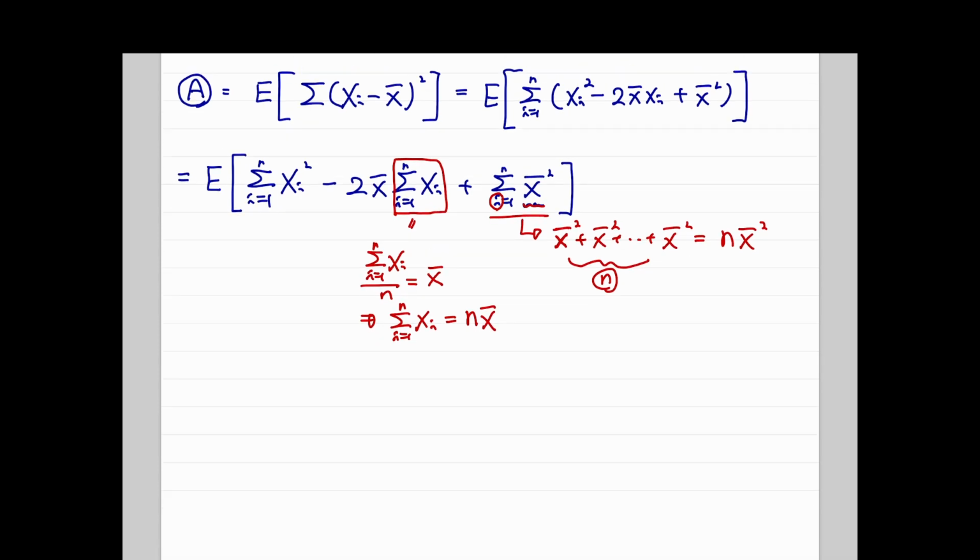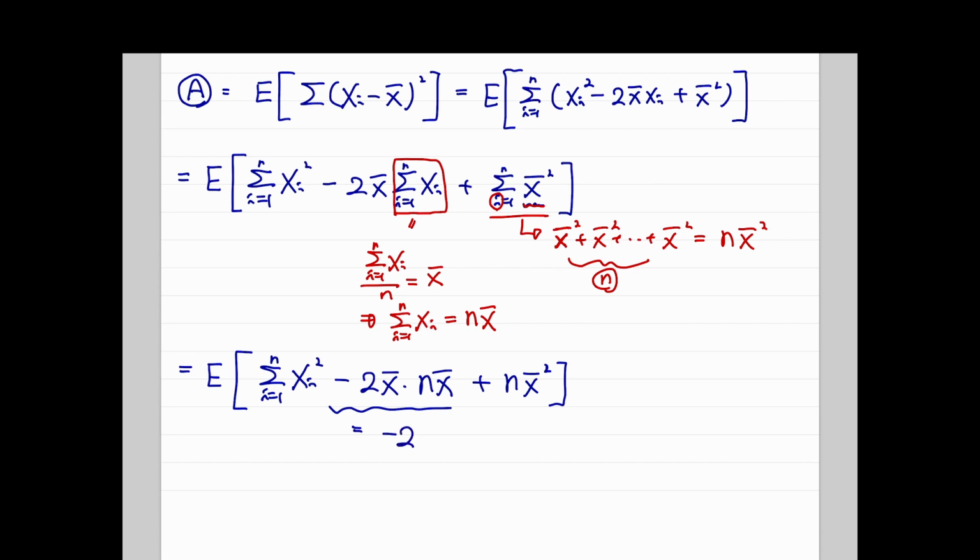Then the square gives minus 2 n x bar square.